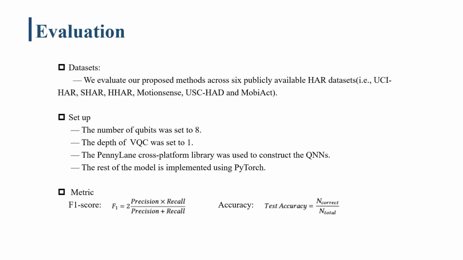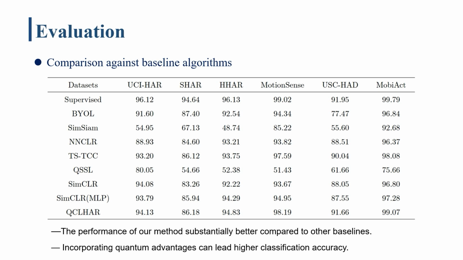On top of this new architecture, we validate with 6 public human activity data sets, and this shows our setup. We consider 8 qubits because of resource limits, and the depth of the VQC is 1. We use a library to train this model, and we use F1 and accuracy to evaluate performance.